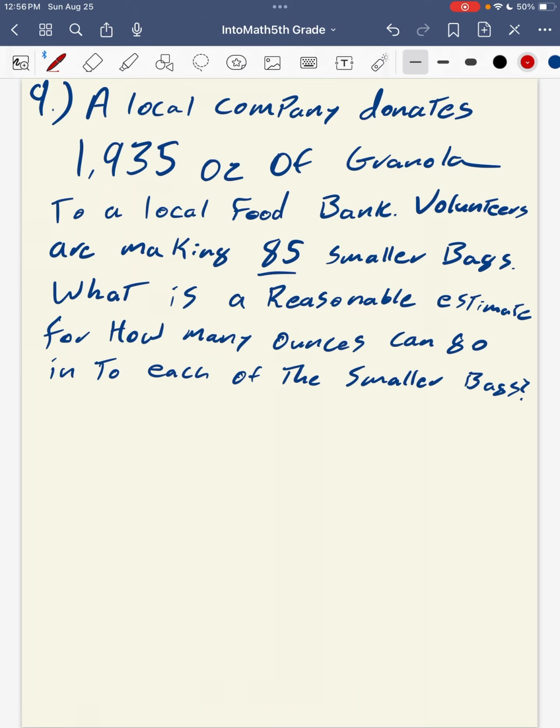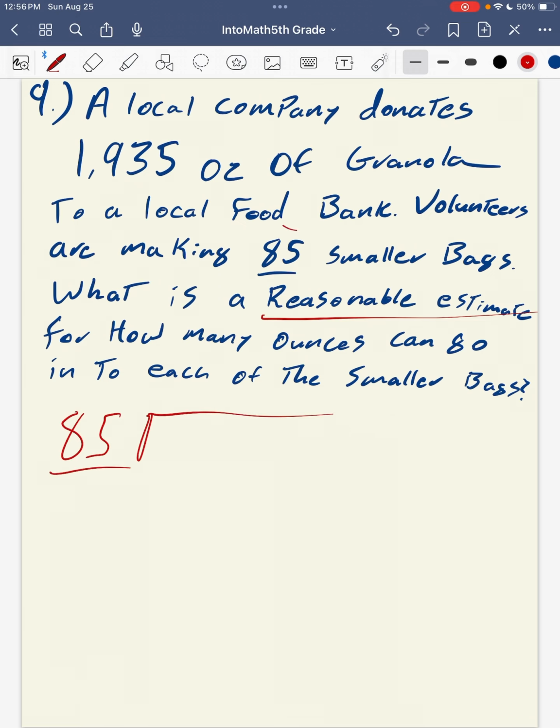For number 9, a local company donates 1,935 ounces of granola to a local food bank. Volunteers are making 85 smaller bags. What is a reasonable estimate for how many ounces can go into each of the smaller bags?